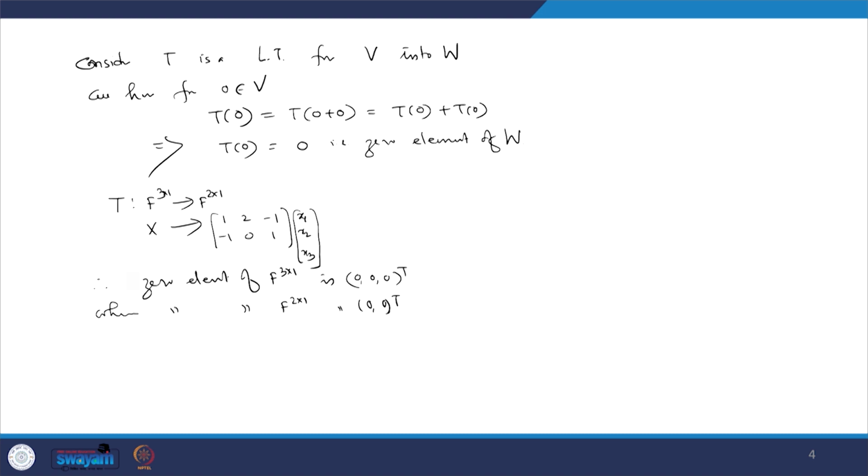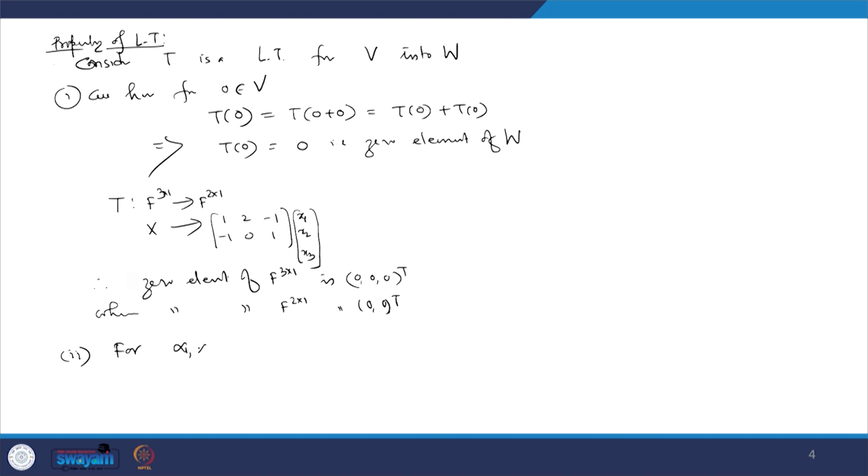But the 0 element of V goes to the 0 element of W. This is a property of this linear transformation. So I can say this is the second property of linear transformations.